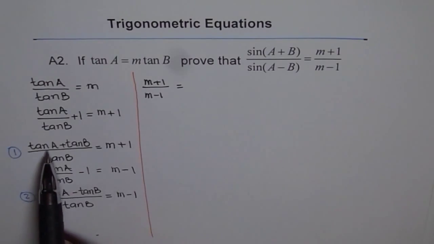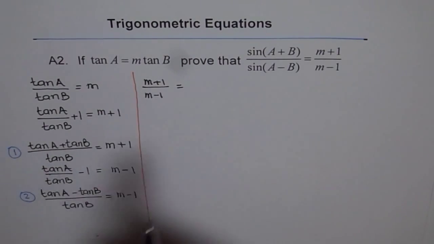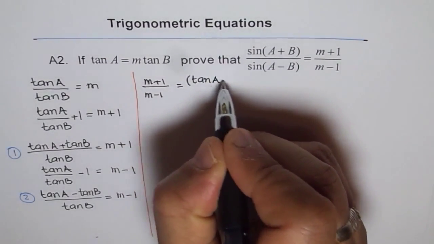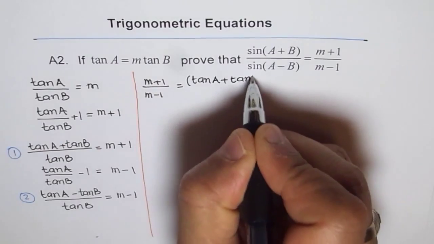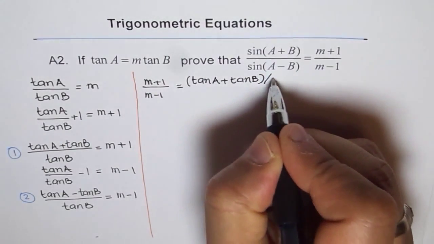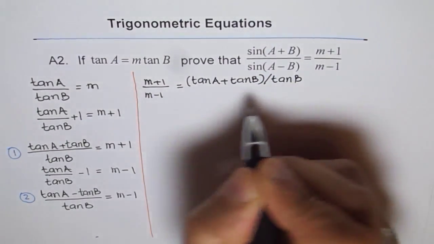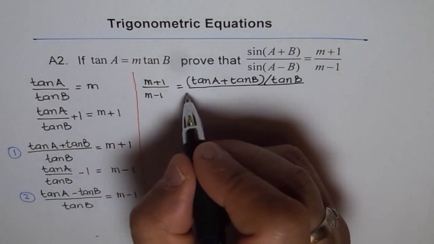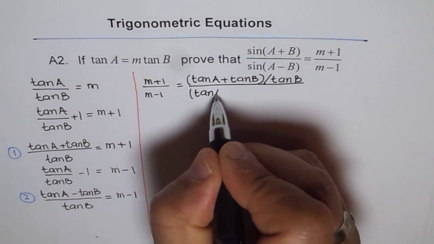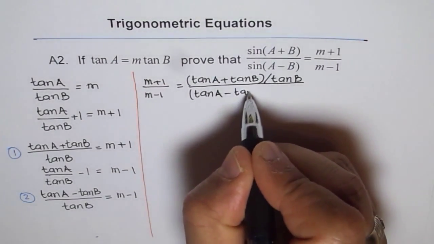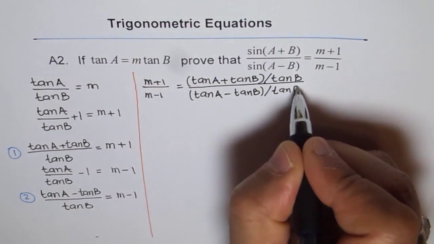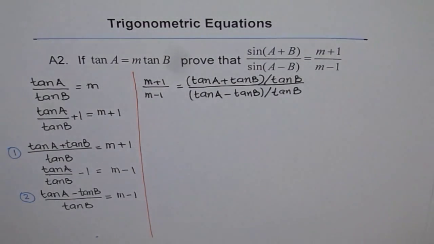M plus 1 is tan A plus tan B divided by tan B, over tan A minus tan B over tan B. Now you can see tan B and tan B will cancel out.